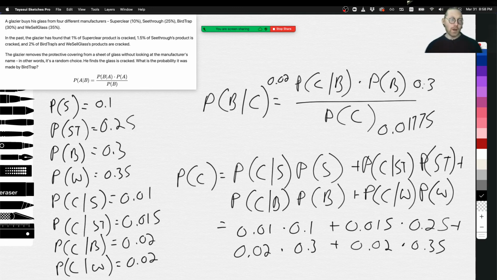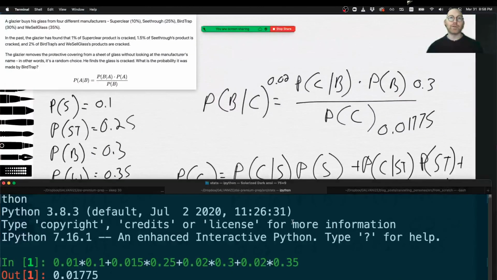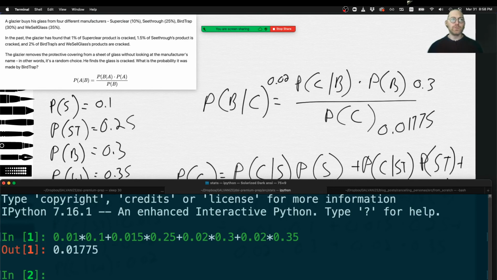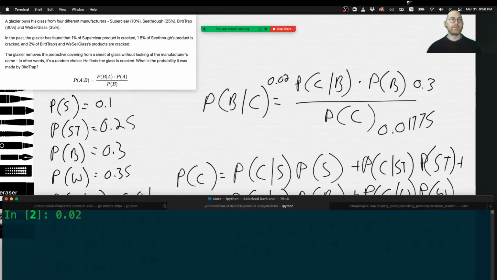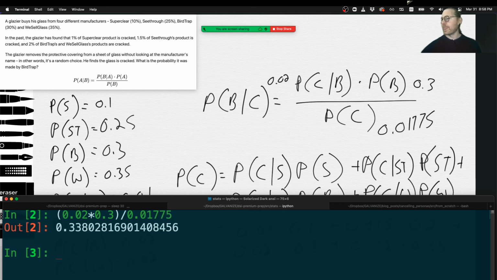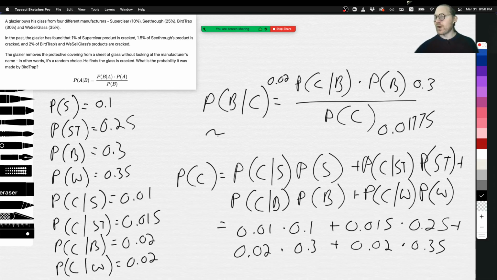So we can calculate that a little bit further. 0.02 times 0.3 divided by 0.01775. So it looks like that is roughly 33.8%.